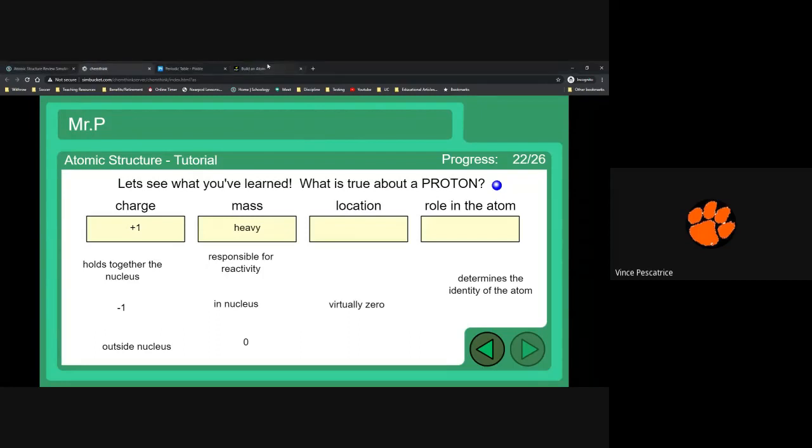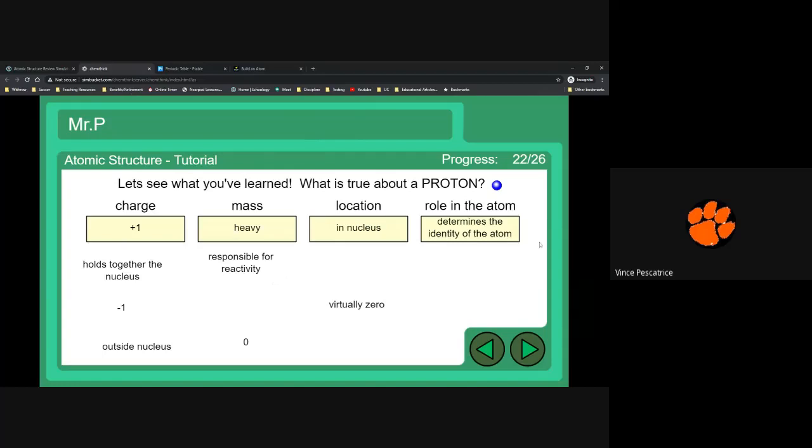So if I try to put something else in there, like outside the nucleus, like I said, it won't stick. It'll fly away. Only the right answer will stay. If the answer flies away, you got it wrong, try something else.